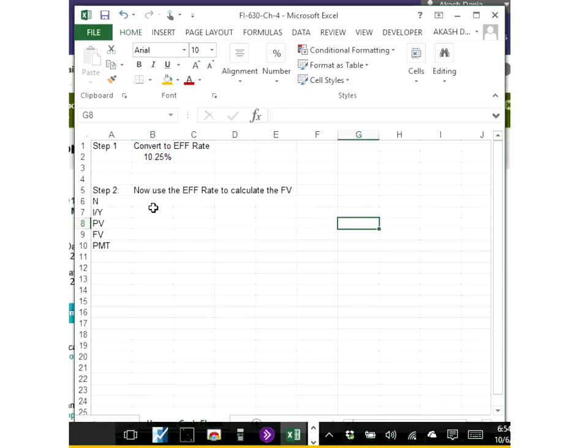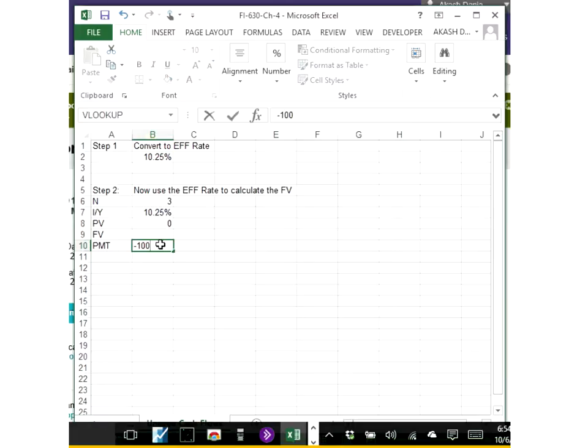So the effective rate is 10.25% as indicated. This is the reason why 10.25% is being taken. Now you use this effective rate as your annual interest rate. So now you don't have to do that semi-annual compounding transformation. So n in this case is simply going to be 3.